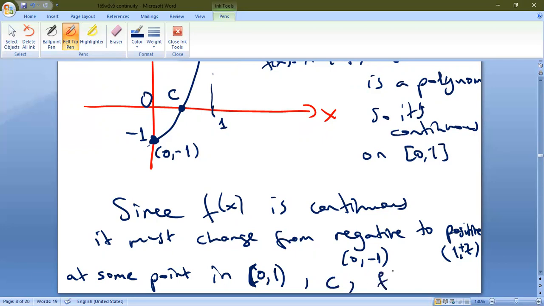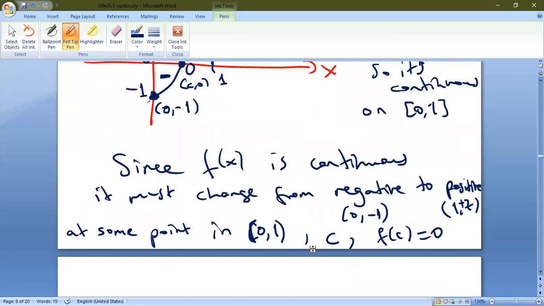Then f of c will be 0. It must come from negative to positive, and it must be 0 somewhere. If the function is continuous, you cannot jump from negative to positive. You must be 0 somewhere in between, and there must be a point where the function gets 0, and that 0 is a solution.